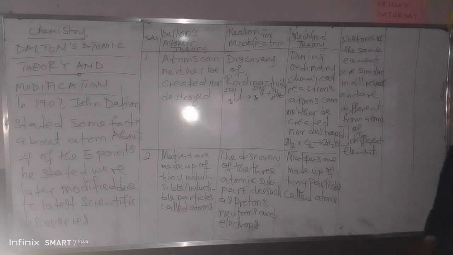It is true that atoms of hydrogen is not the same as atoms of oxygen. They are atoms of different elements, so they are different. But the problem here is that he put in all respect, they removed it.